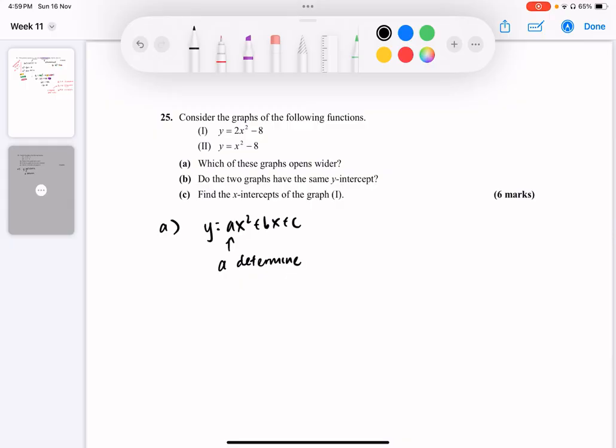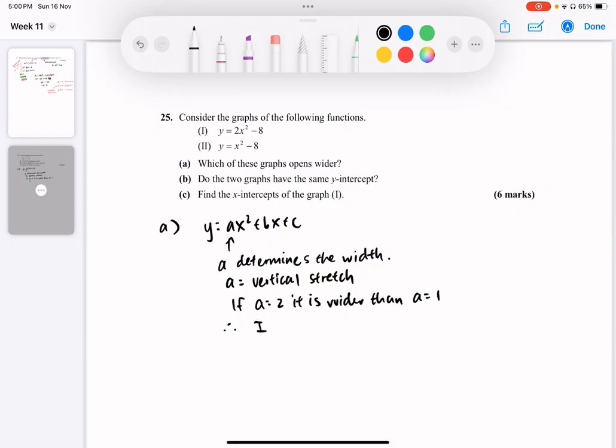That's transformation. Remember, a is called the vertical stretch. a is the vertical stretch, meaning that if a is 2, it is wider than a is 1.